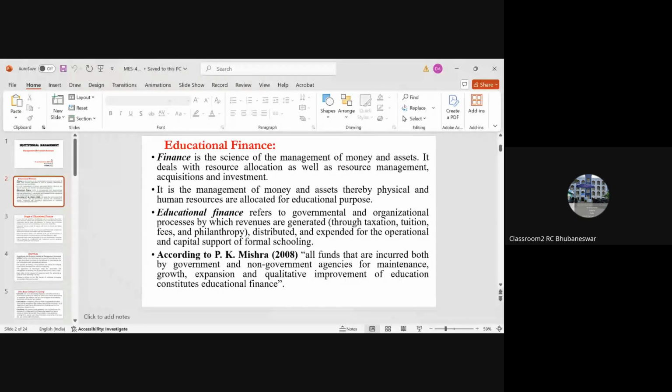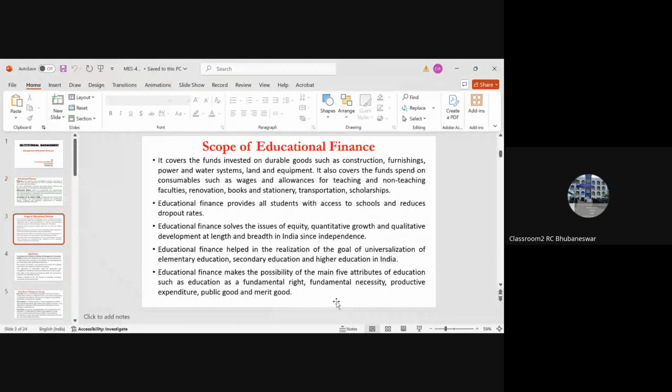Then, scope of educational finance. Under scope, we will discuss: educational finance provides all students with access to schools and reduces the dropout rate. Building construction also comes under the scope of educational finance.